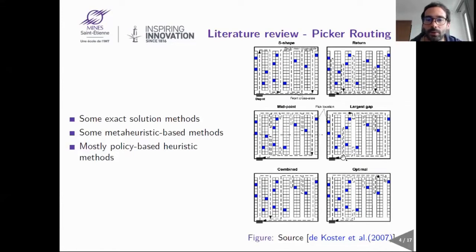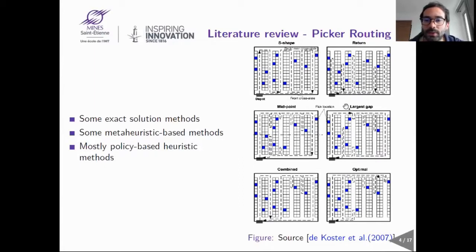For example, the simplest one is the S-shape, where the picker starts at the depot, and an aisle is crossed completely if there is at least one item to retrieve in this aisle, and so on until the end. And at the end, the picker goes back to the depot.